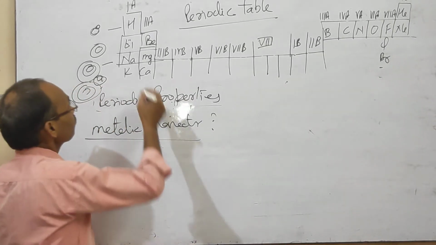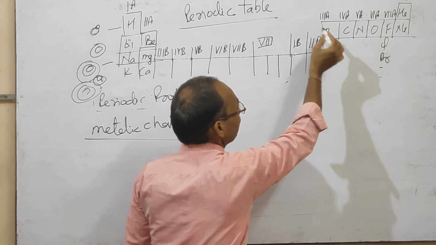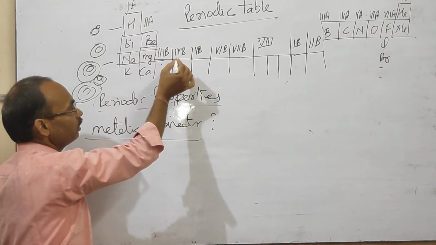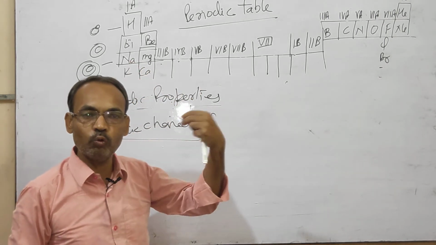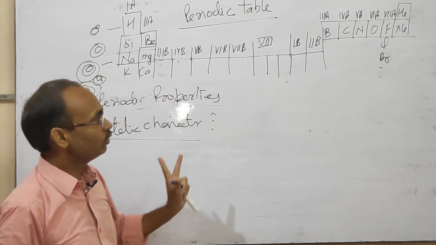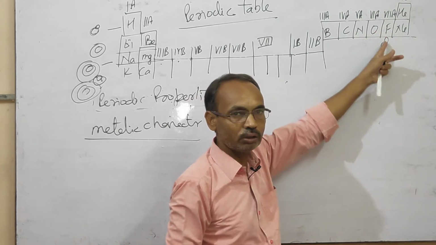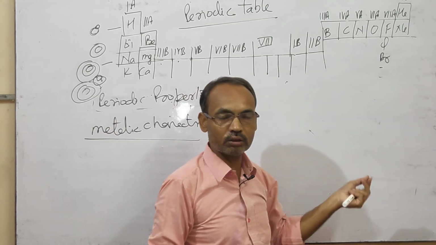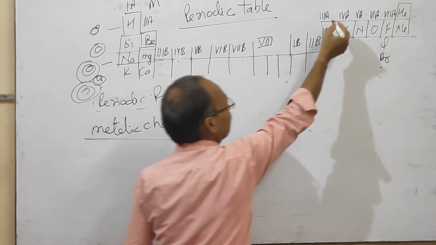You know that first A group, second A group and third A group are metals. These atoms want to remove 1, 2 or 3 electrons from their outer shell, so these are metals. But on this side, oxygen and fluorine do not want to remove electrons, but they want to accept electrons, so they are not metals. Hence these are metals and these are non-metals.